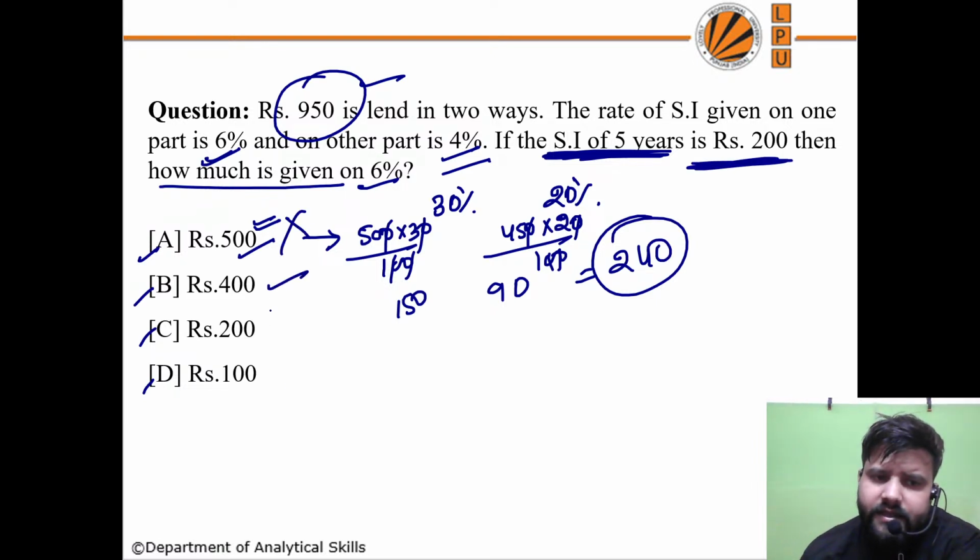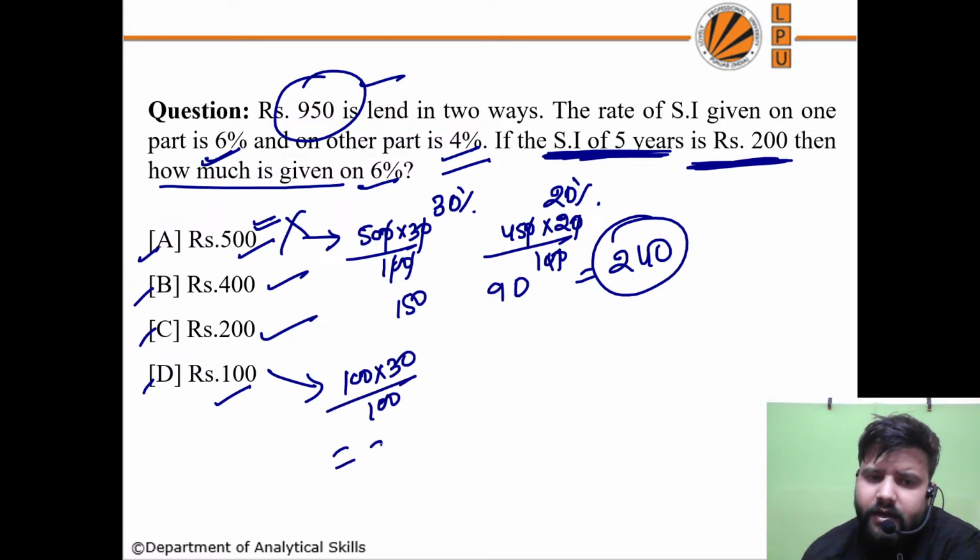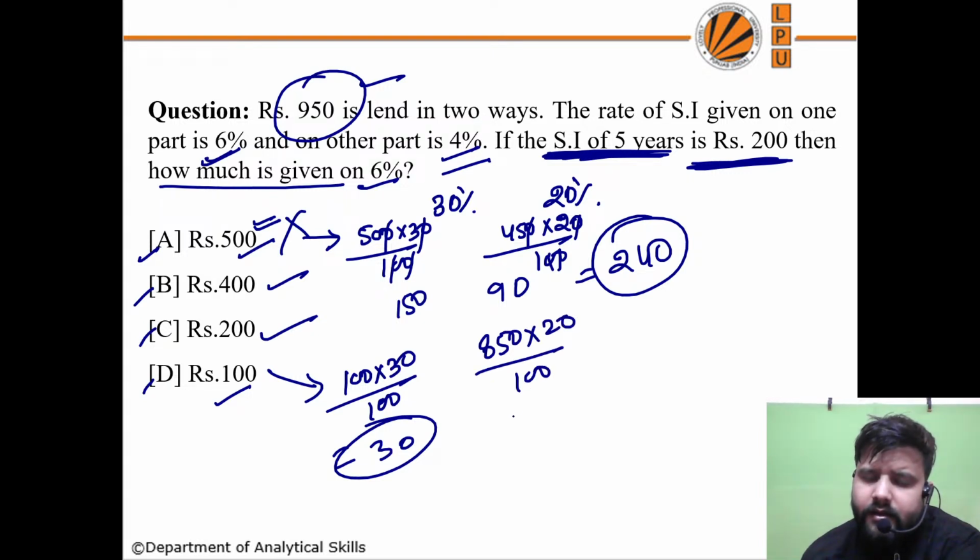If you check just like this, option B and C. If you check option D, out of 950, if 100 is at 6%, so 100 multiplied by 30 divided by 100 will give you 30, and 850 at 20 divided by 100 will give you 170, and 170 and 30 gives you 200.